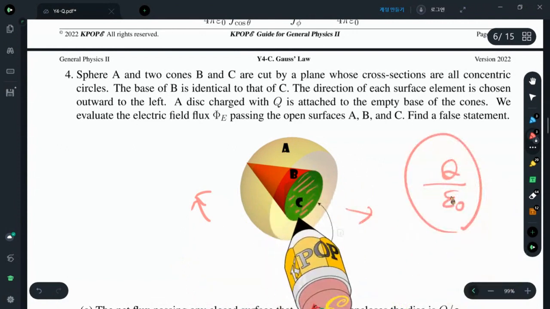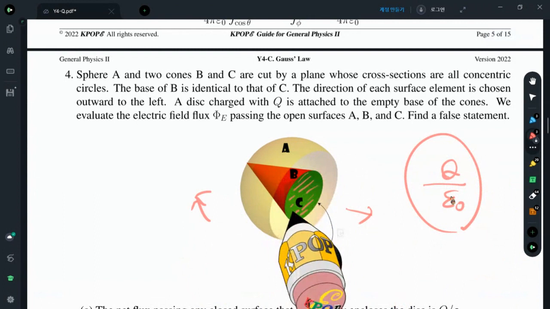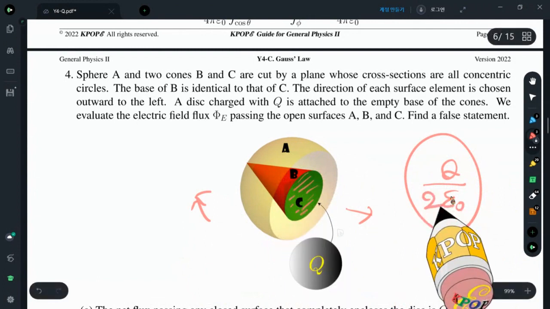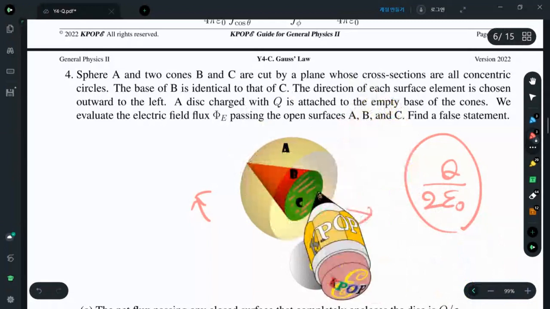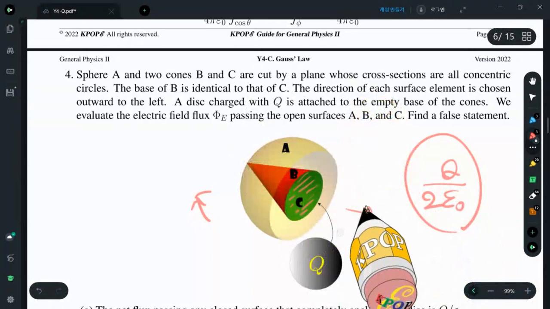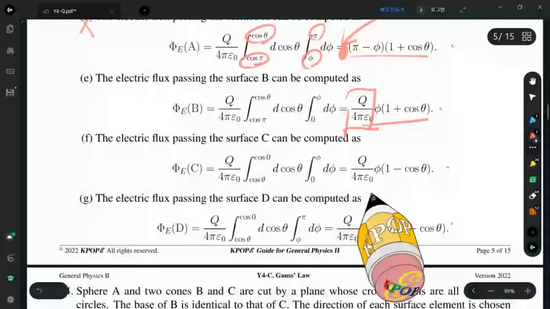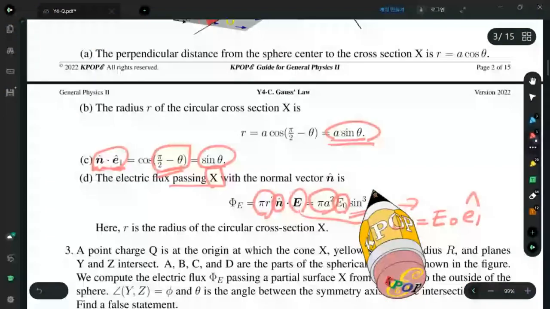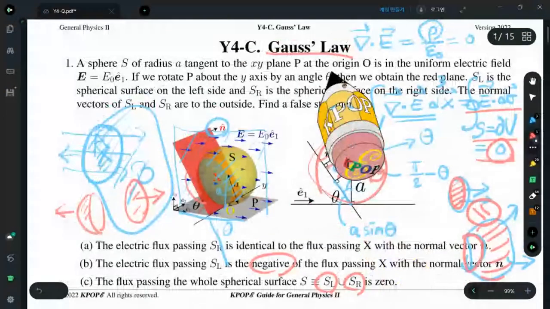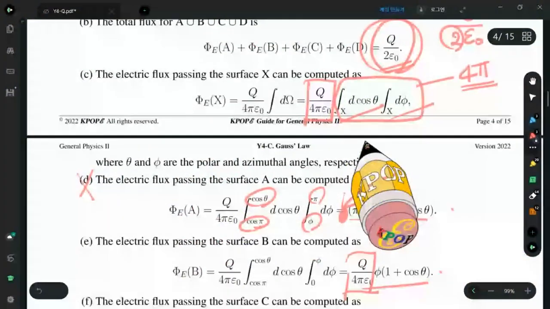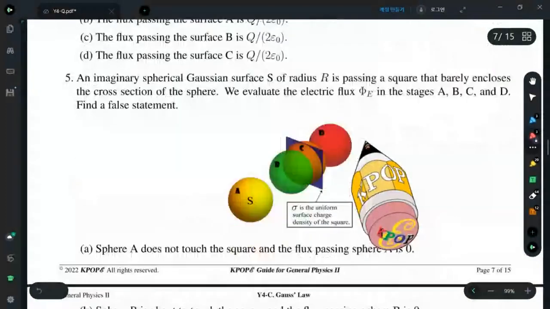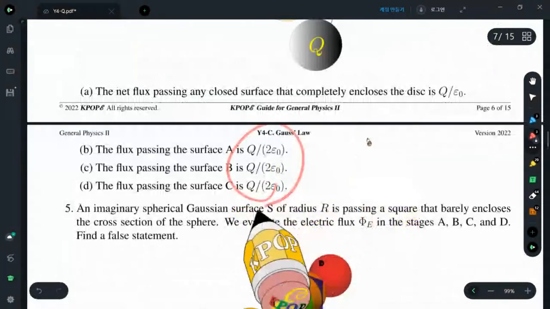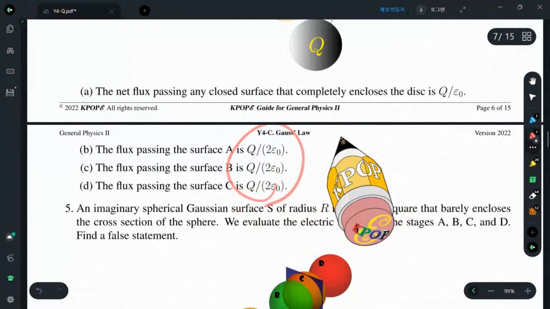Therefore, because of symmetry, the fluxes passing A, B, C are all Q over 2 epsilon 0. This is a trivial problem, but it looks very complicated. It makes use of Gauss' law in a clever way. So everything has the same result.